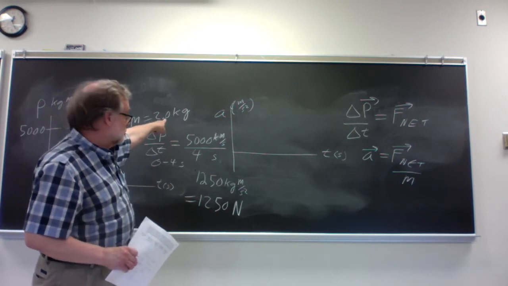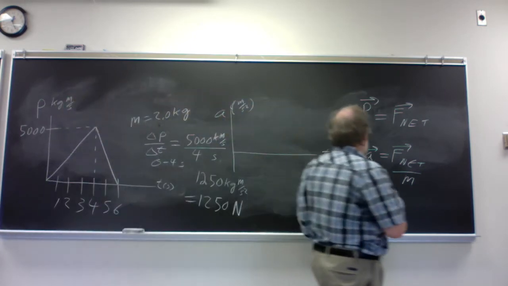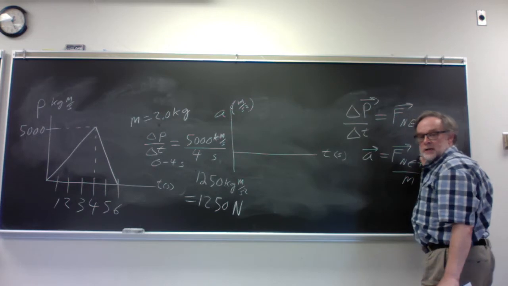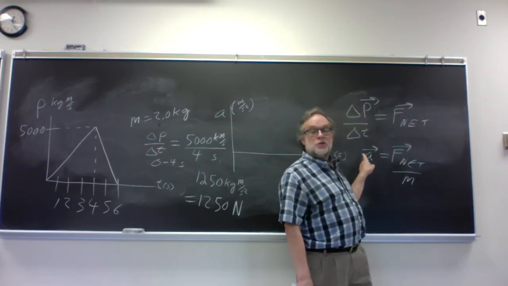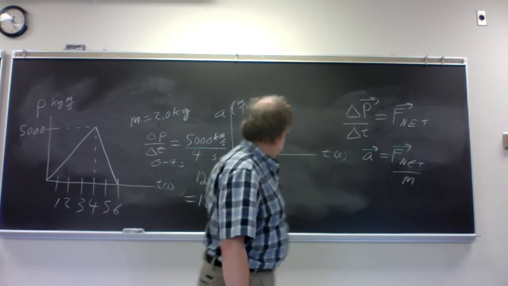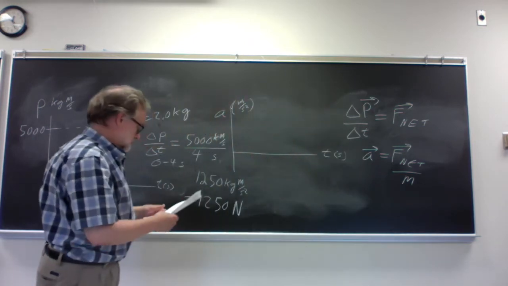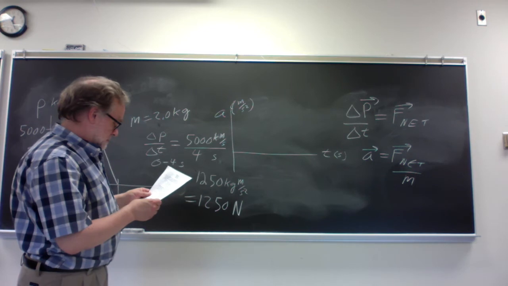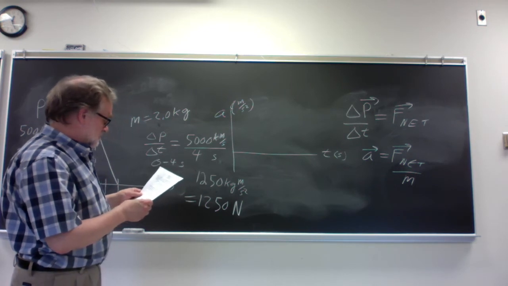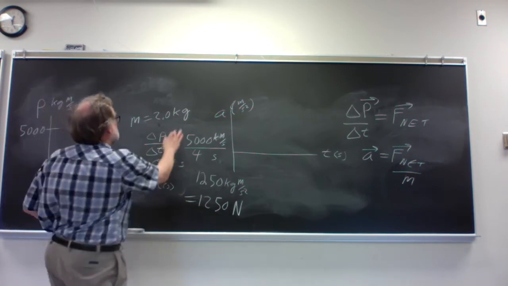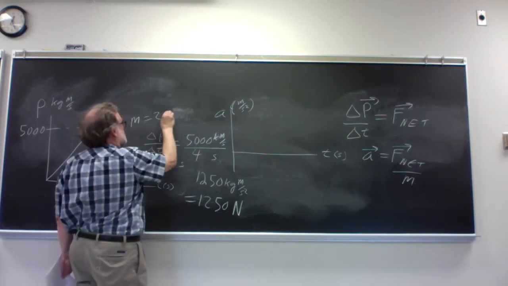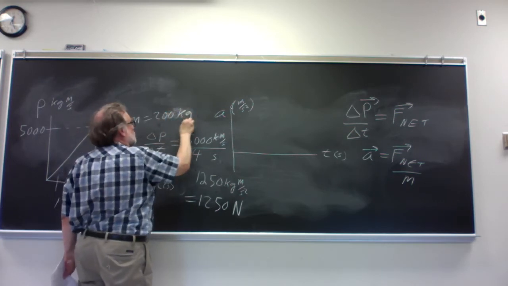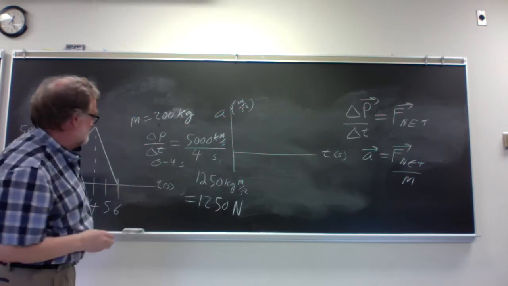The mass is 2 kilograms. So divide that net force by 2 kilograms and you've got the acceleration. Let's make this situation a little more realistic. Make it 200 kilograms for the mass.